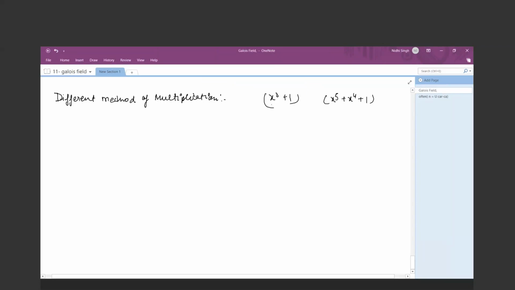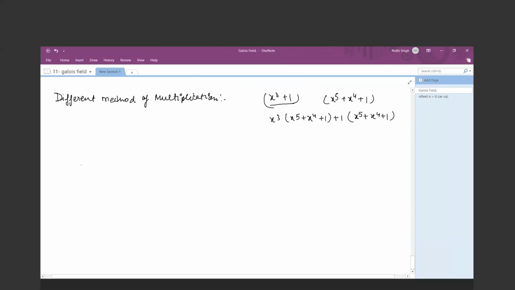So we have to multiply each term of the polynomial with the whole term of the polynomial of P2. Like x cube will be multiplied with x5, x4 plus 1, and the second term of polynomial P1 will be multiplied with x5 plus x4 plus 1. So it is very time consuming process, and chances of mistakes is very high.